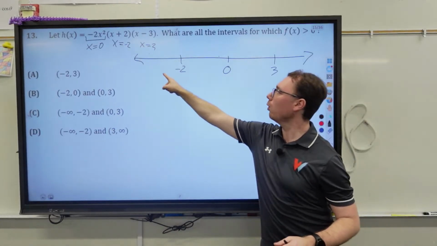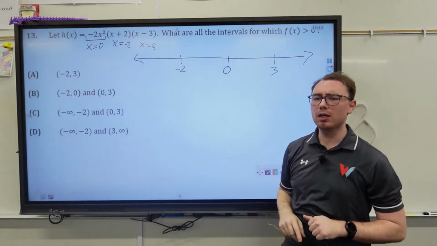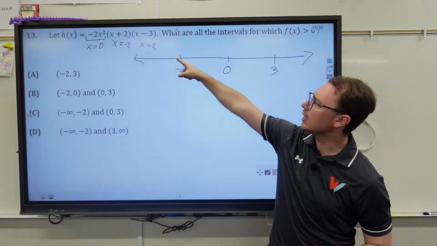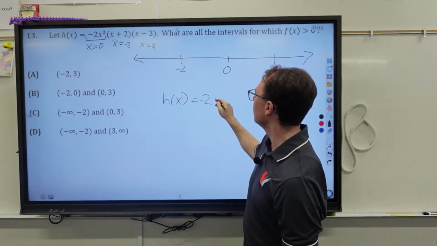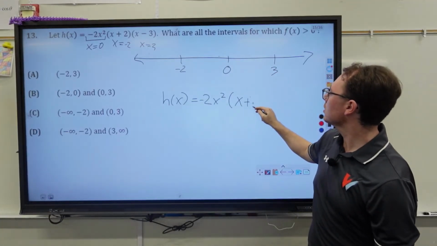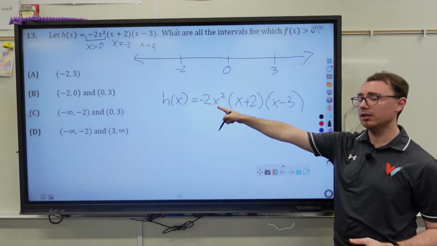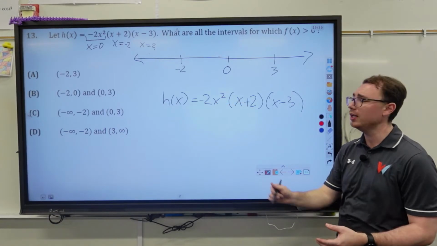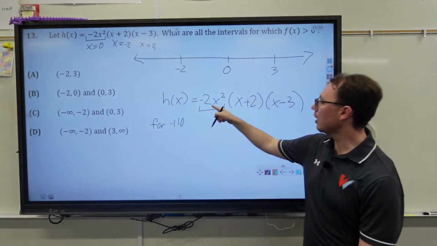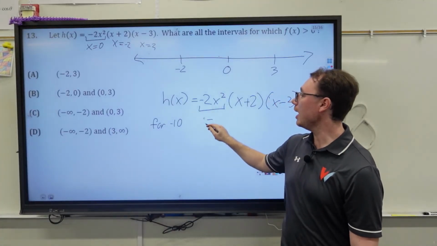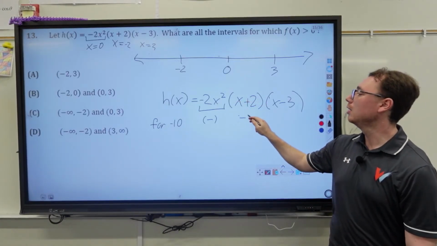Now, we just want to plug in values into this problem to see if it's negative or positive. Let's plug in -10, some large negative value, into h of x equals -2 times x squared times x plus 2 times x minus 3, and see what we would get. -10 times itself is a positive 100, times -2 would be negative. -10 plus 2 would give us -8, some negative number.